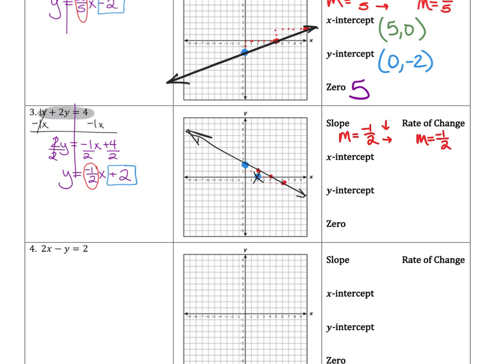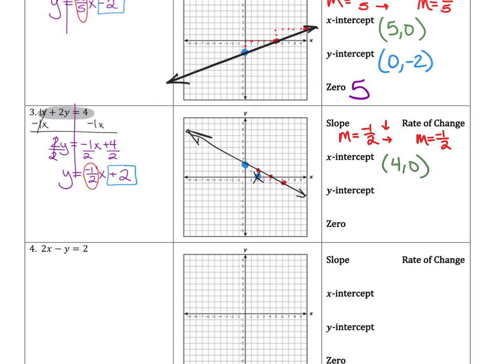Theo, what is the x-intercept? Where does it cross that x-axis? What number is it crossing on the flat axis? Yeah, 4. So our x-intercept is going to be 4, 0.